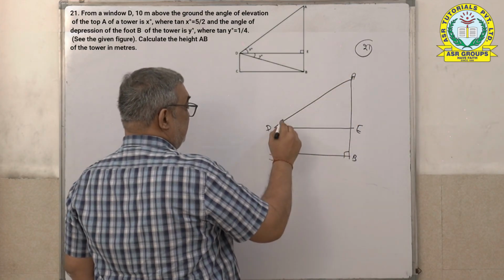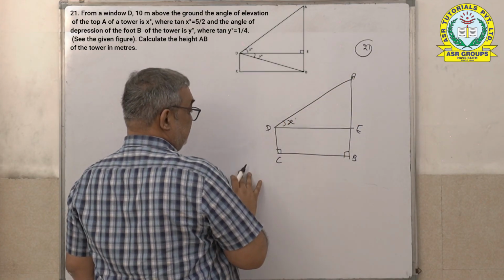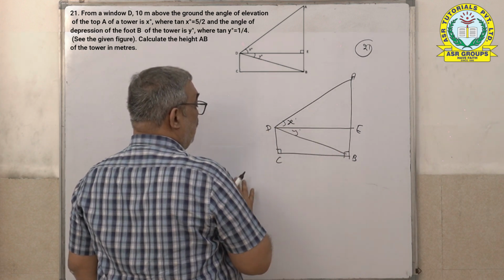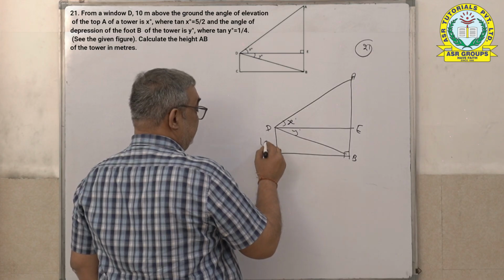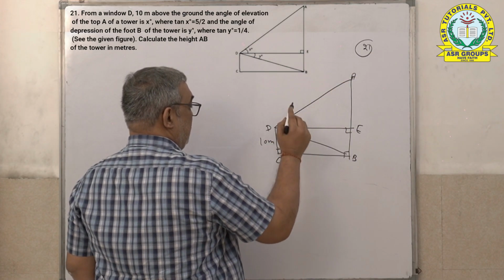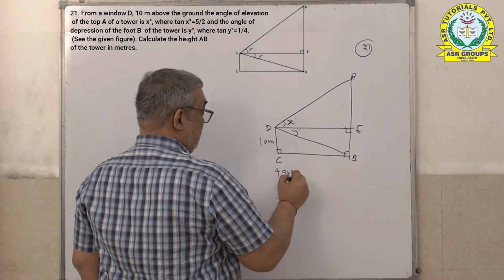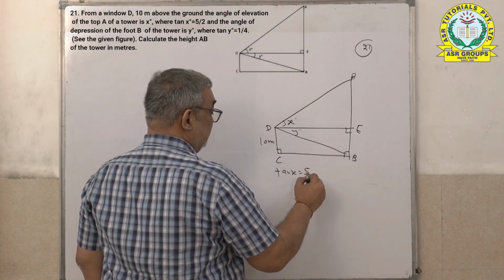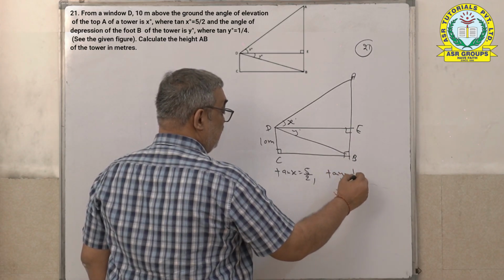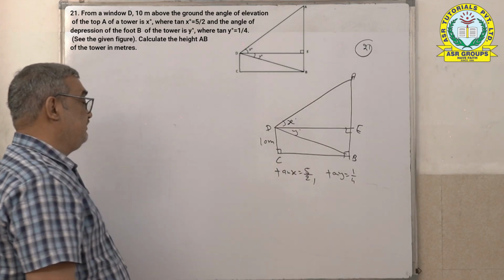This angle of elevation is X. Angle of depression is Y. DC is given, find AB. Tan X is 5/2. Tan Y is 1/4, given.